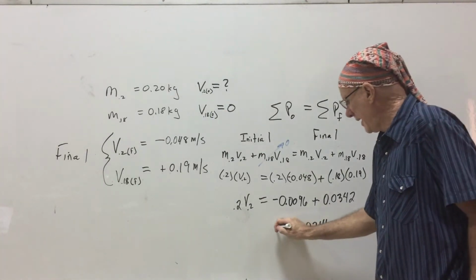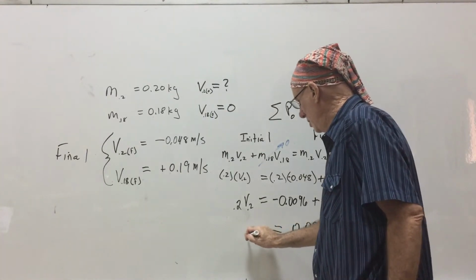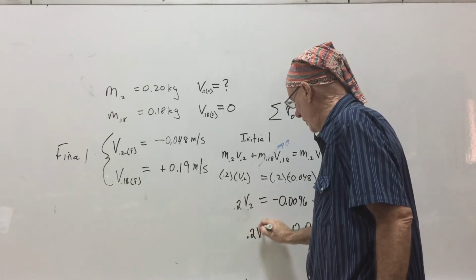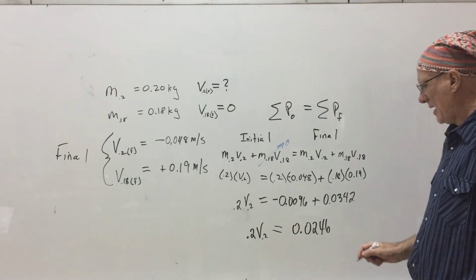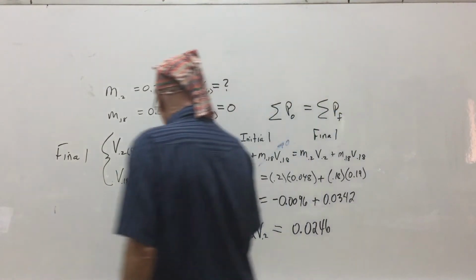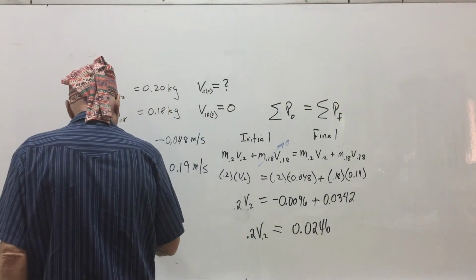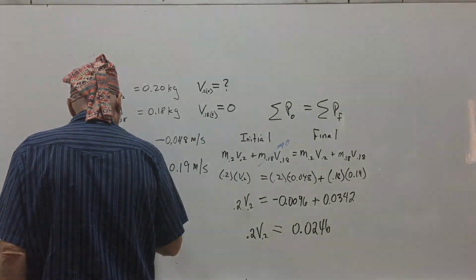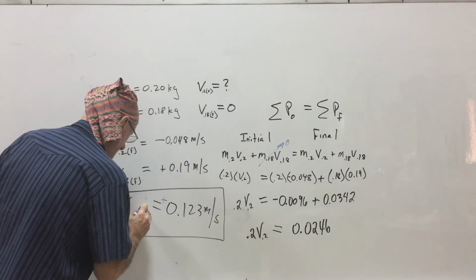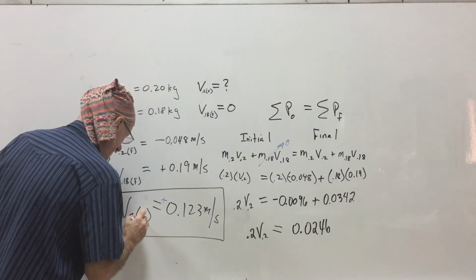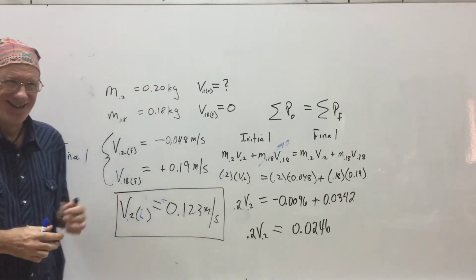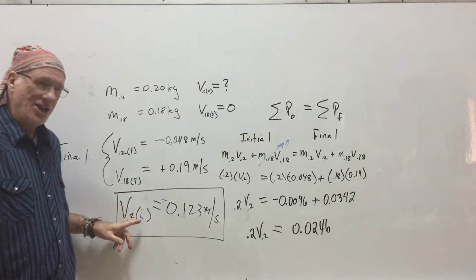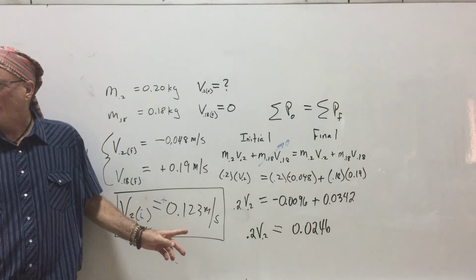Okay. And then that's going to equal 0.2 and then the V.2, right? And divide through, you get the V.2. The initial velocity is what we're looking for, correct?